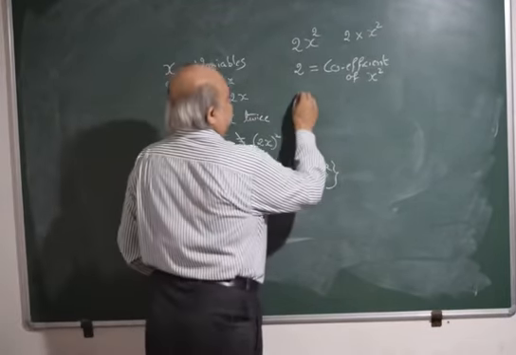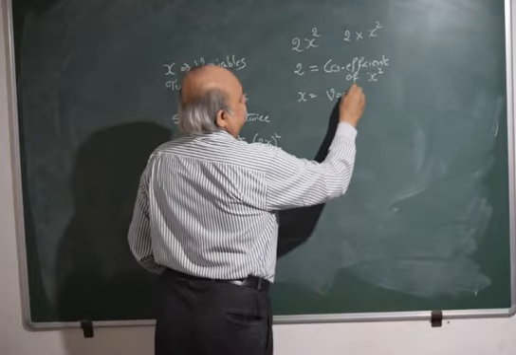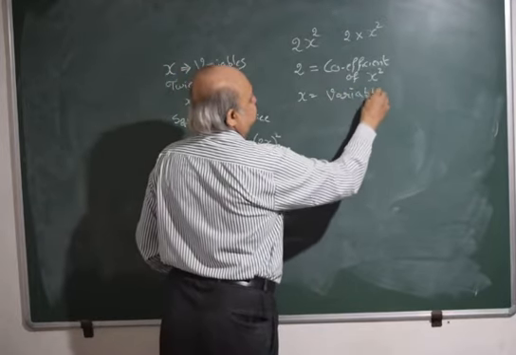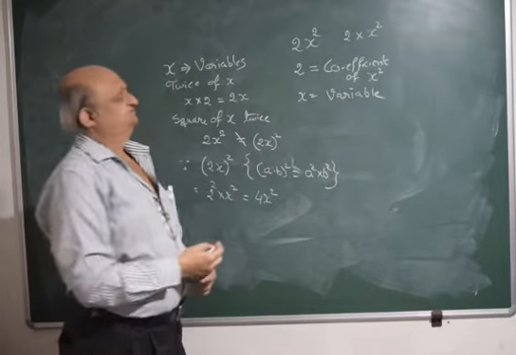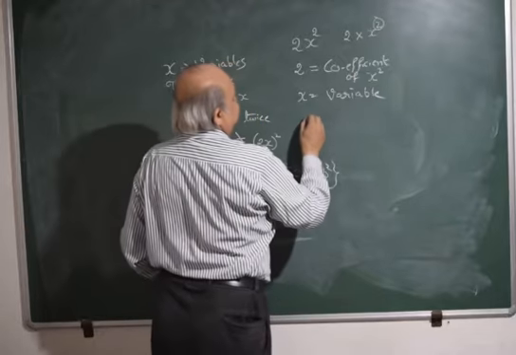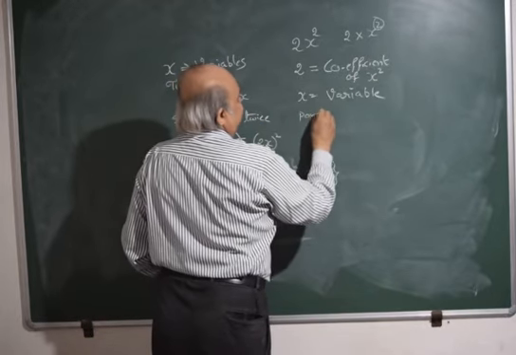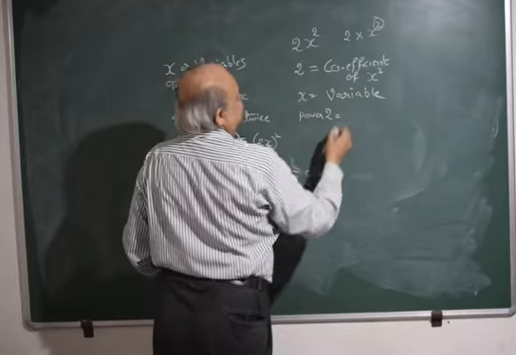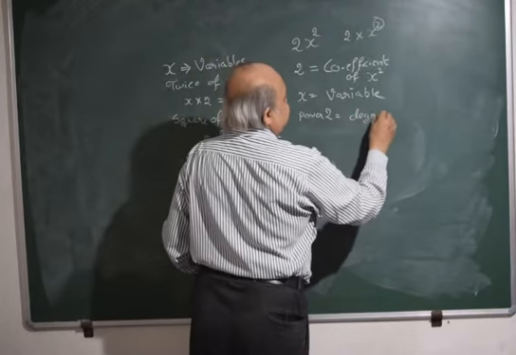The x, like I said before, is called the variable. And this power 2 is called the degree of x.